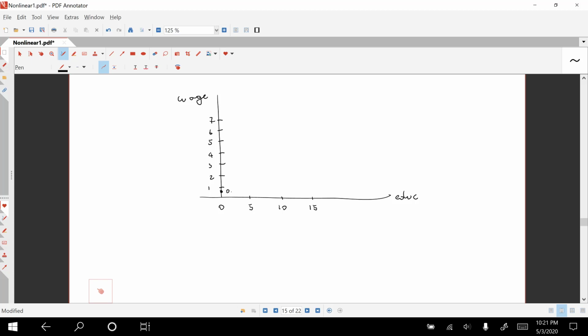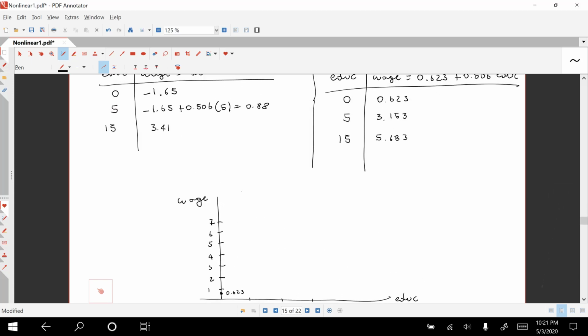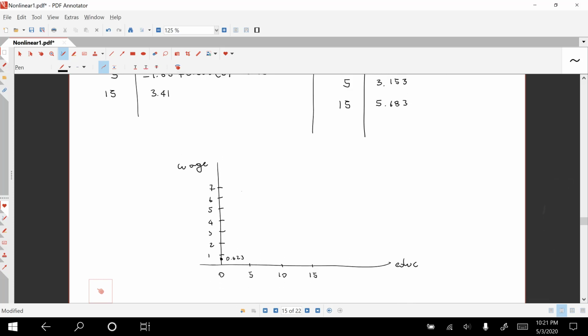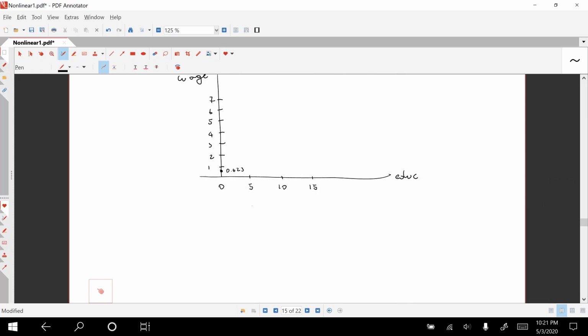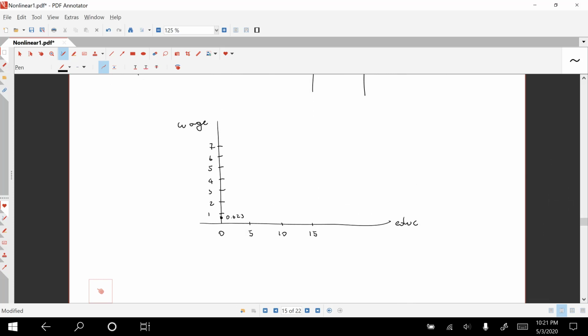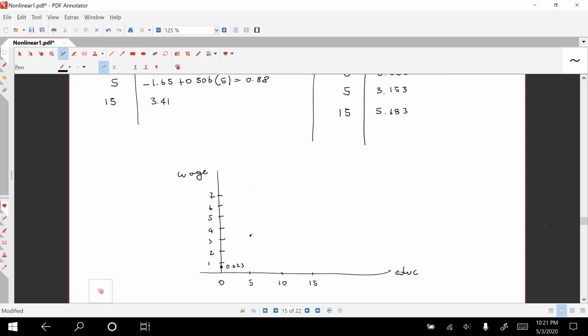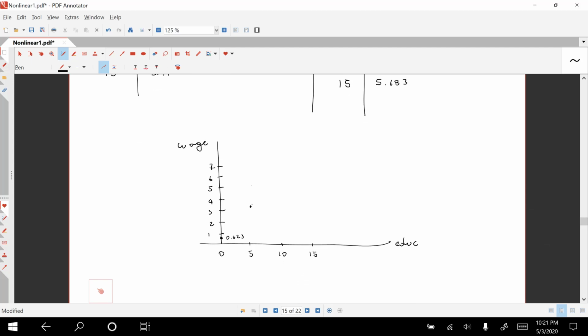So it's going to be 0.623, then for 5 approximately 3.15, and for 10 and 15, 5.68. So that's going to be the line. It's supposed to be a line.